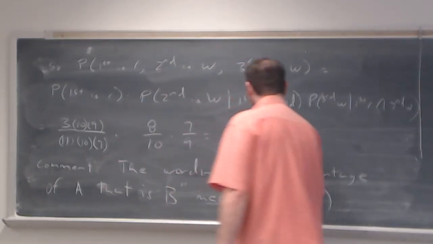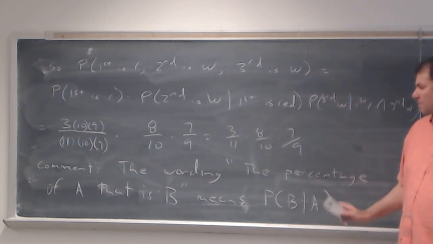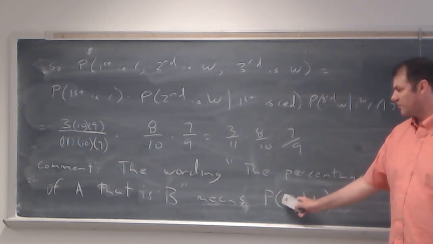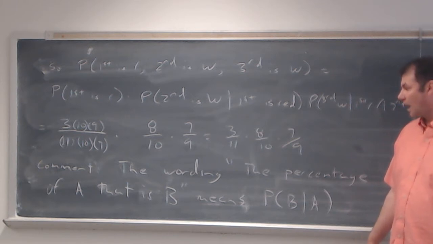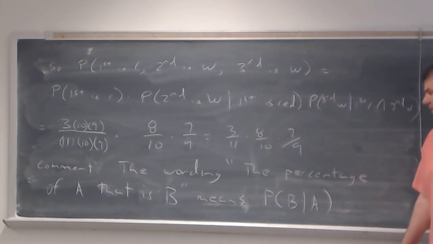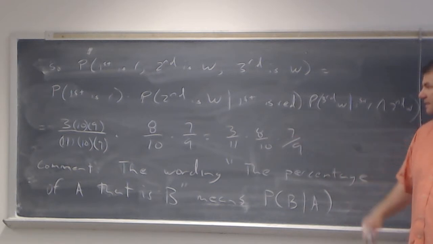Okay. You know, we were in this previous, let me say something here first. We're going to use this comment of understanding how a word problem can indicate a conditional probability in a few minutes. But before I get to that, I want to go back to something here.